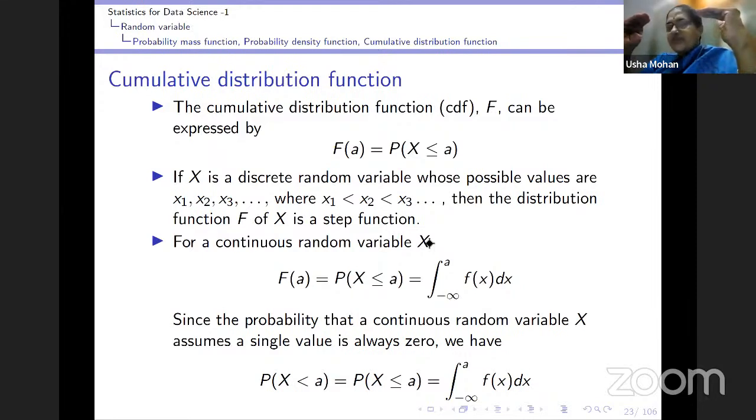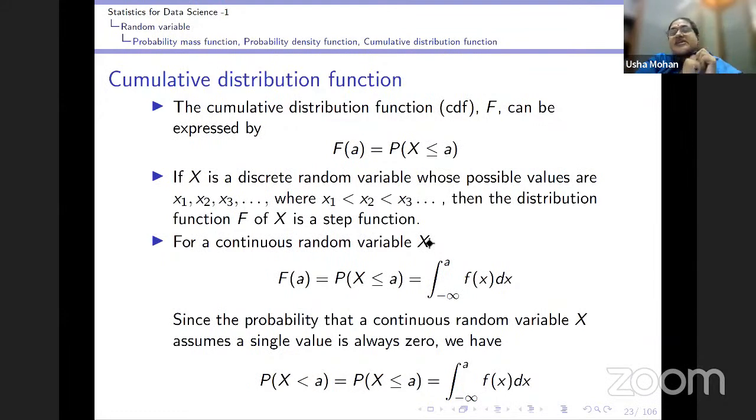For a continuous random variable, I have a probability density function. And remember, both random variables, be it discrete or continuous, are mappings of the outcomes in the sample space onto real numbers. Either it is countable or it is in a set. So the next thing is the cumulative distribution function.